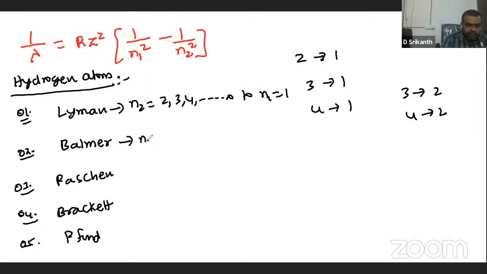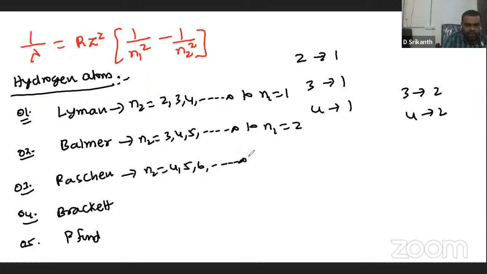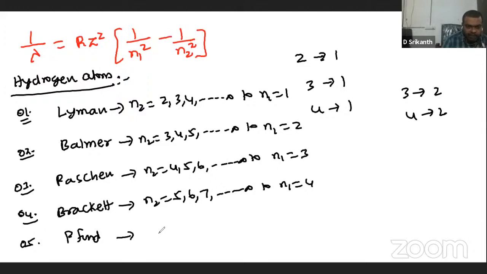Balmer: n2 equal to 3, 4, 5, and so on to infinity, with n1 equal to 2. Paschen: 4, 5, 6, and so on to infinity, with n1 equal to 3. Brackett: 5, 6, 7, and so on to infinity, with n1 equal to 4. Pfund: 6, 7, 8, and so on to infinity, with n1 equal to 5.